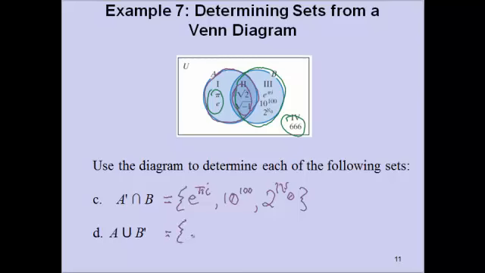So you're going to have pi and e and the square root of 2 and the square root of negative 1, and then you're going to have the 666. The only thing that we're going to exclude are these 3 guys right here because they're outside of A. Okay, they're outside of A, and they're inside of B, so they're not part of B complement. So those 3 guys right there are excluded.